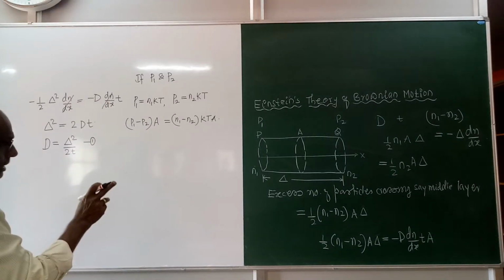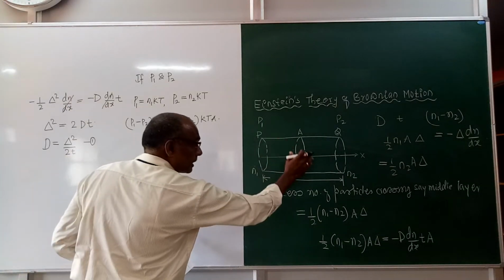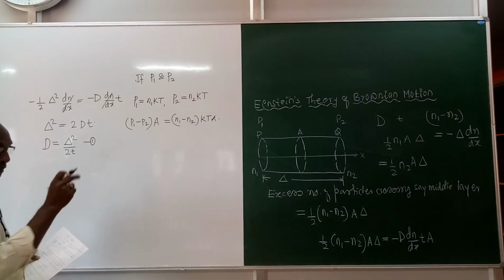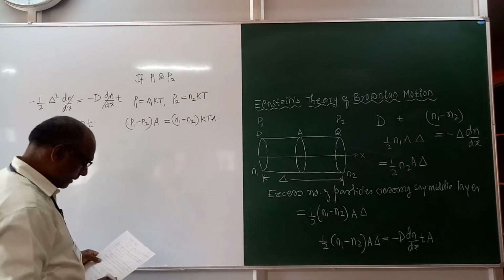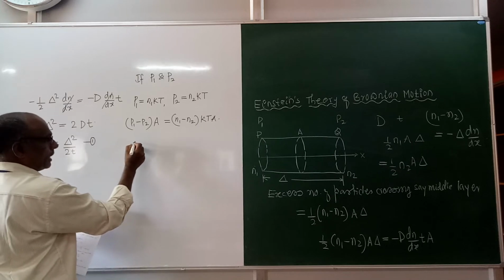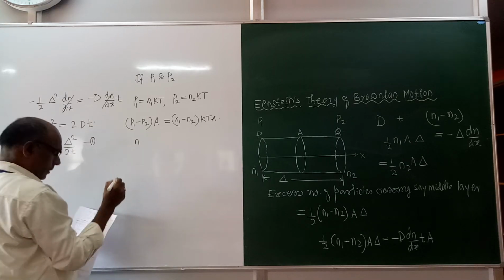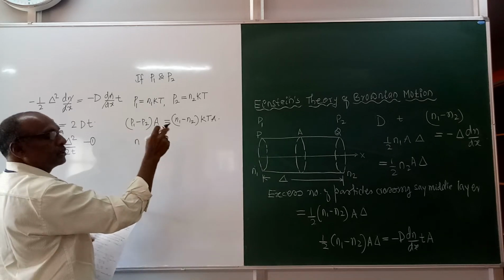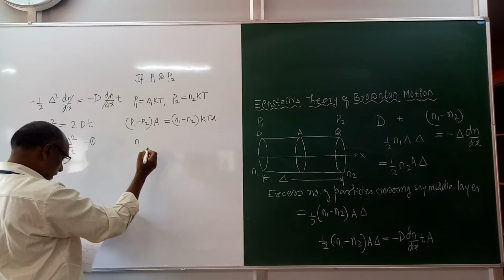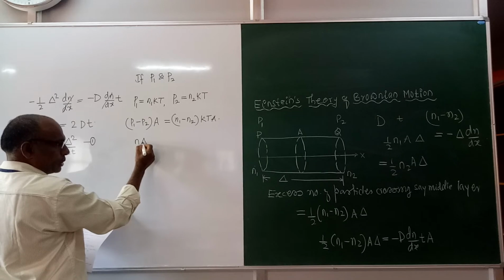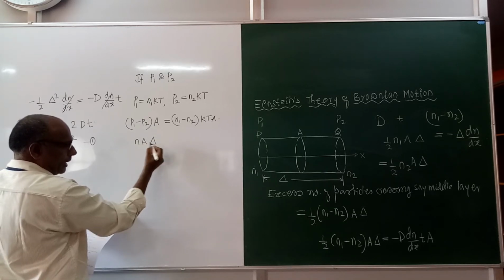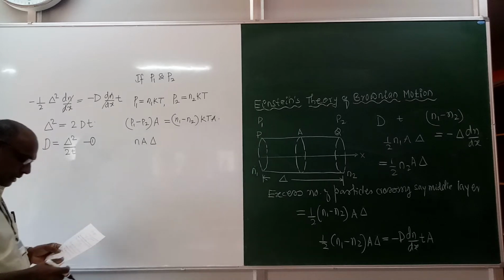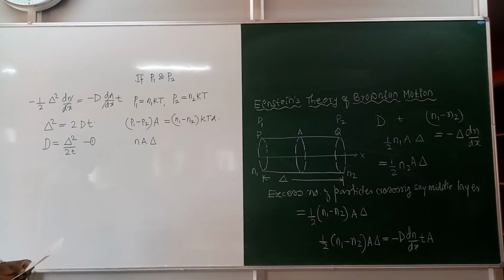Now this force is experienced by the particles contained in the cylinder. The number of particles in the imaginary cylinder is N. The mean concentration here, that is N1 plus N2 divided by 2, is N, into A, the cross-sectional area, into the length, gives the number of particles contained in the cylinder.